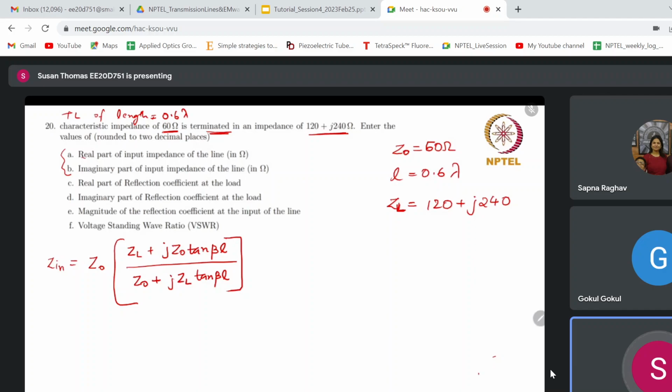If you take the real part, you will be able to answer the first, and if you take the imaginary part, you will be able to answer question B. We know Z0, ZL, it is just substitution, and we also know length L. Always remember beta is 2 pi by lambda, so beta L is 2 pi by lambda into 0.6 lambda, which finally gives 1.2 pi.